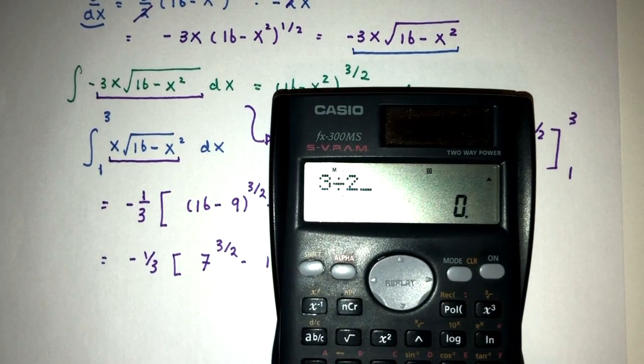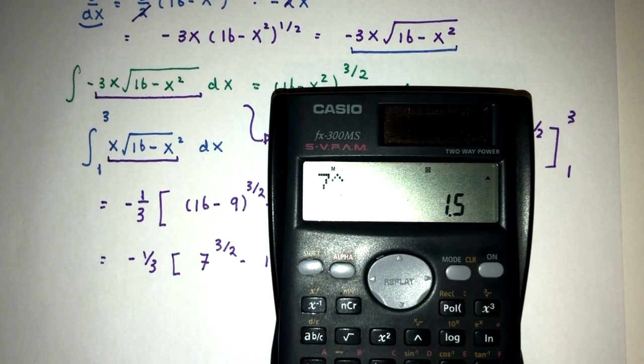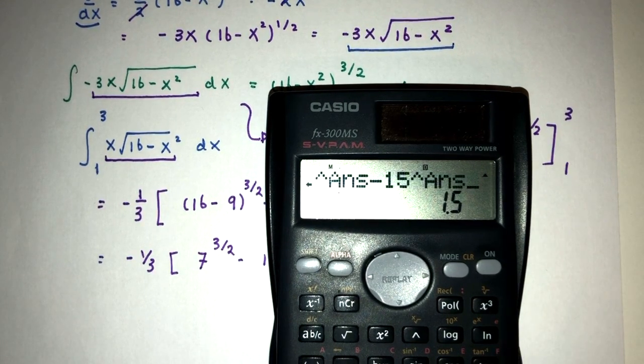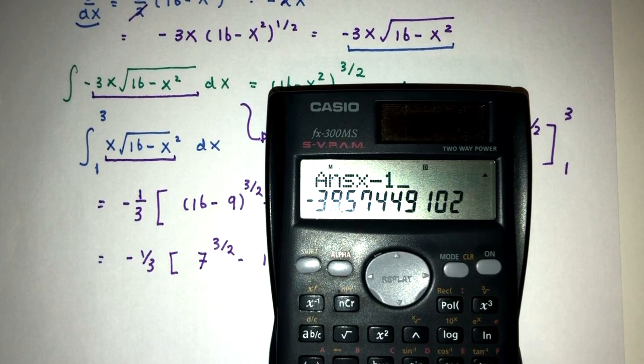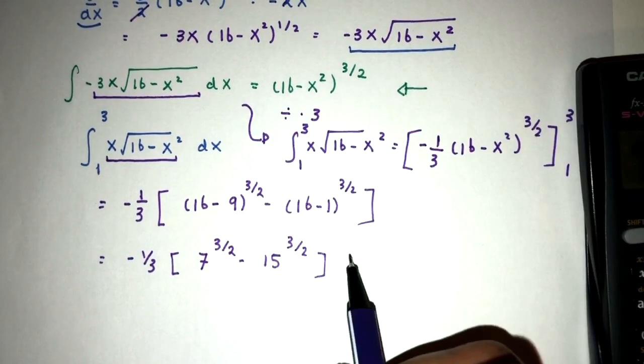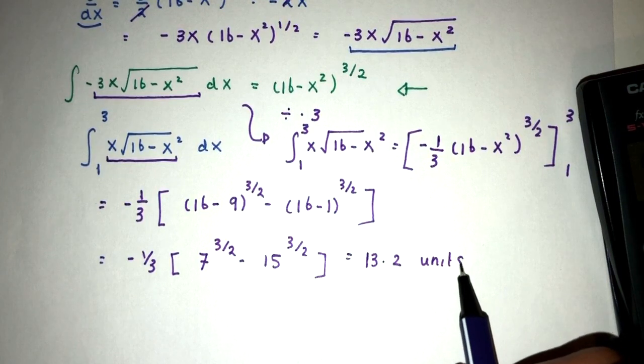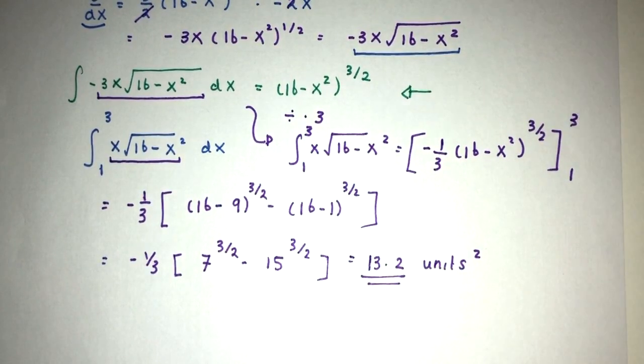Calculating 7 to the power 3 over 2 minus 15 to the power 3 over 2, times minus 1 over 3, that should be 13.2 units squared as the area enclosed by those two lines. And that will be your question number 11.